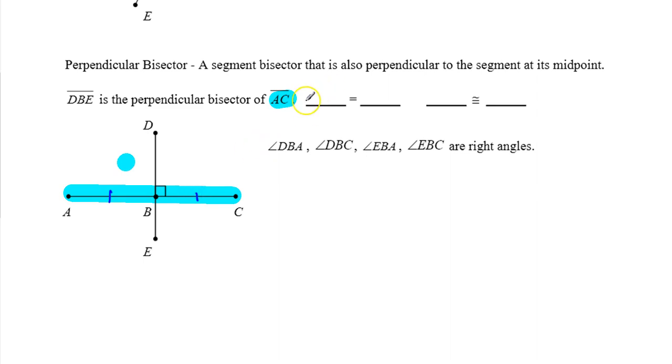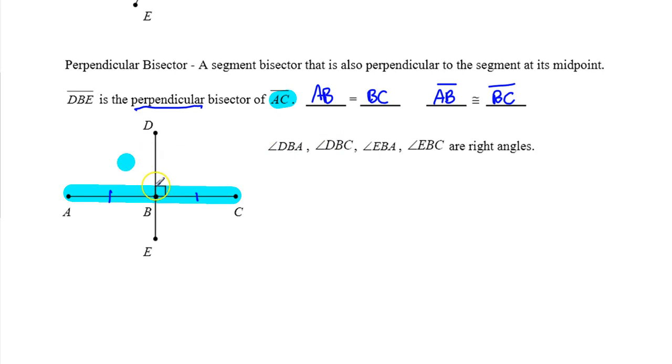So the same thing that we just did on the last one is going to be true here. AB is going to equal BC, and segment AB is going to be congruent to segment BC. Now, in addition to that, all of these angles are going to be right angles, and that's because of the word perpendicular. And I'll write this definition out in just a moment.